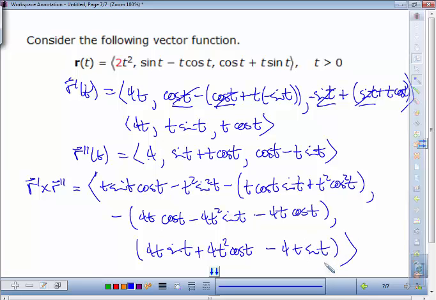All right, well, hopefully a lot of things cancel and this can be simplified so that we can take the magnitude fairly easily. And then the top one, the r prime, we need the magnitude of that as well, and then we just find the ratio. So, yeah, when it's not a helix, it gets a lot more difficult.